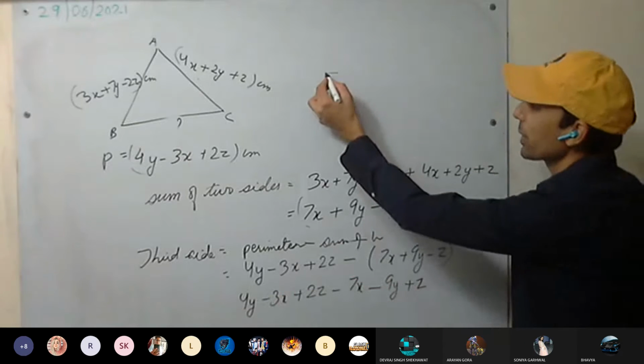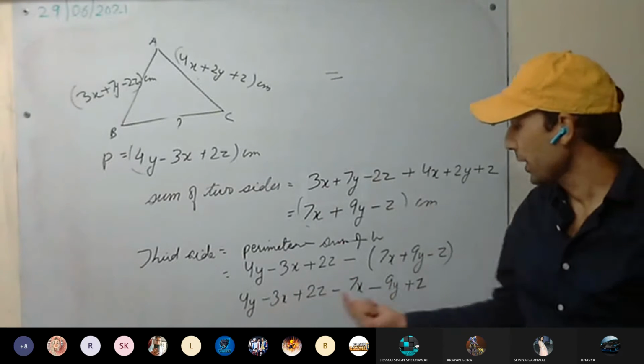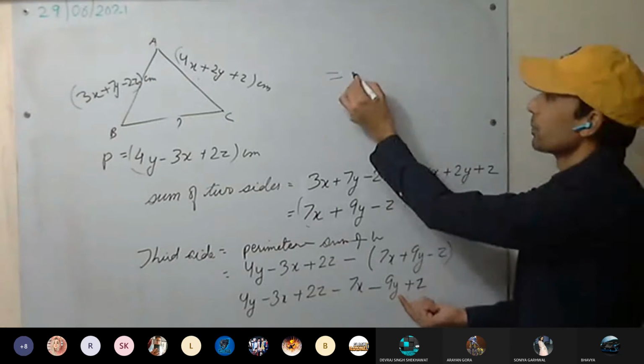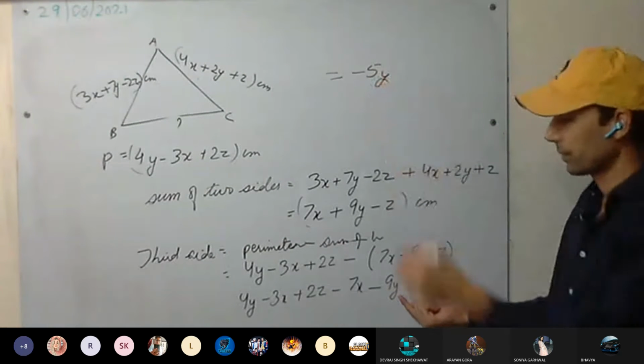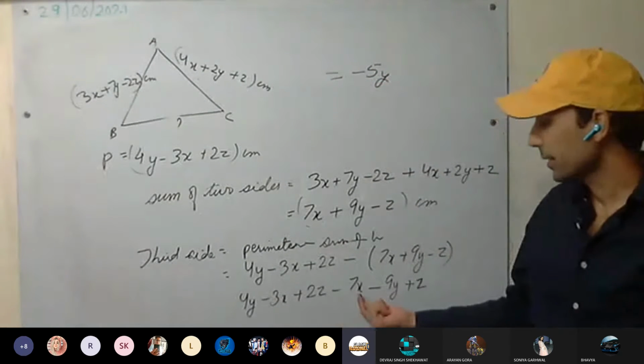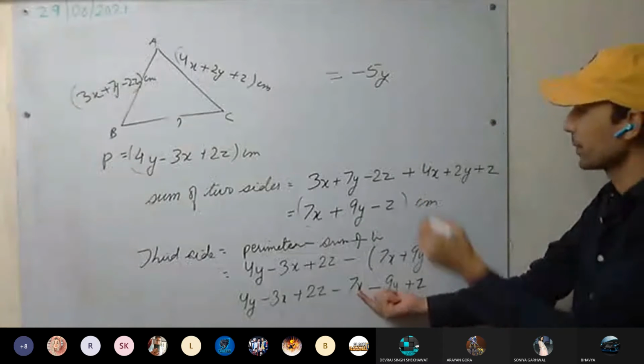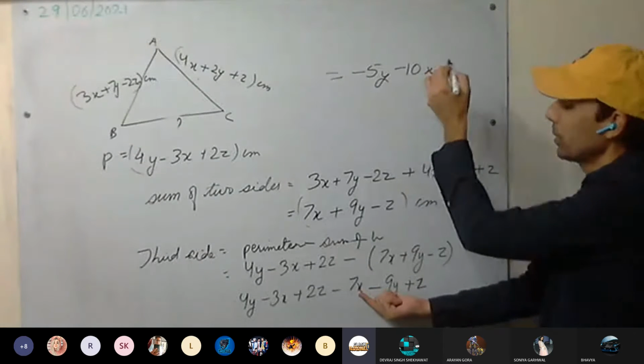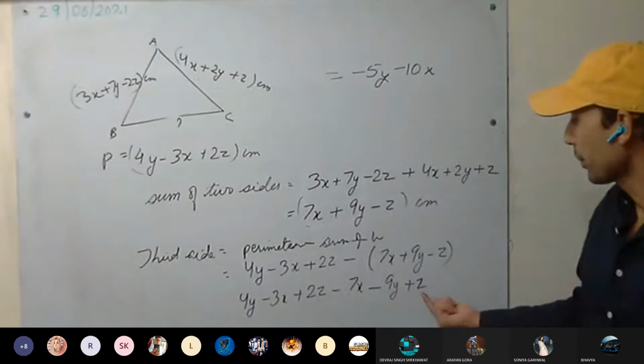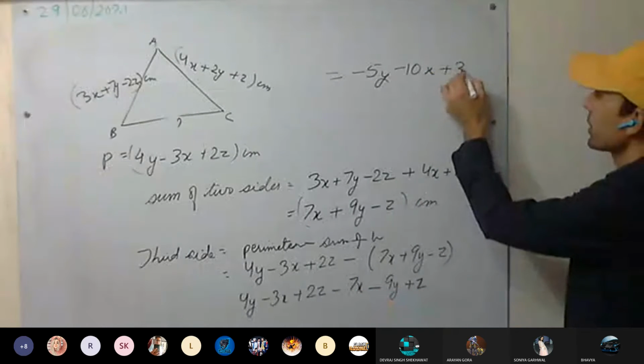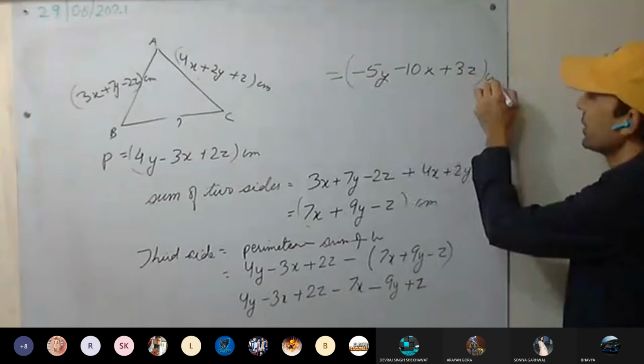I'm writing the answer here. 4y minus 9y is minus 5y. Minus 3x minus 7x is minus 10x. 2z plus z is 3z centimeter.